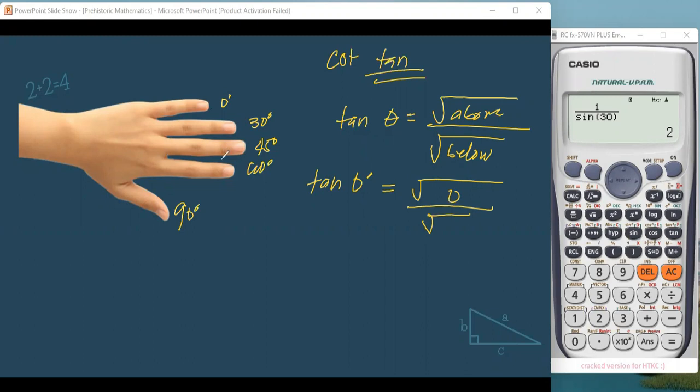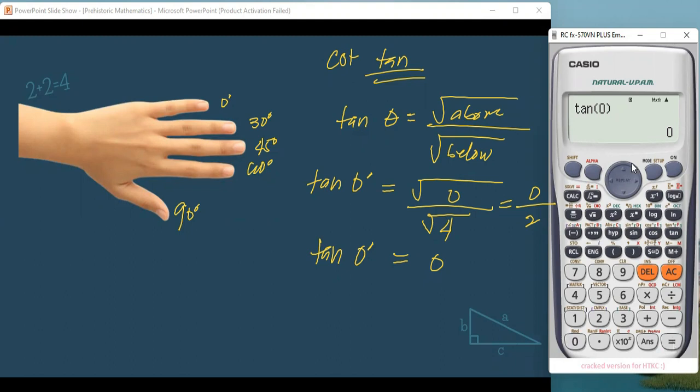So we have 1, 2, 3, 4. So ibig sabihin po 4 po ito. What is the square root of 0? That is 0. What is the square root of 4? That is 2. So 0 divided by 2, that is still 0. So meaning to say, tangent 0 degrees must be equal to 0. Let's check if really tangent 0 degrees is equal to 0. So tangent 0 degrees must be equal to 0.